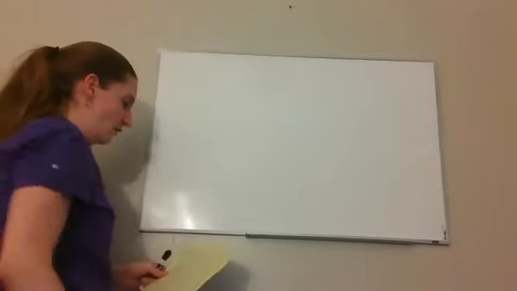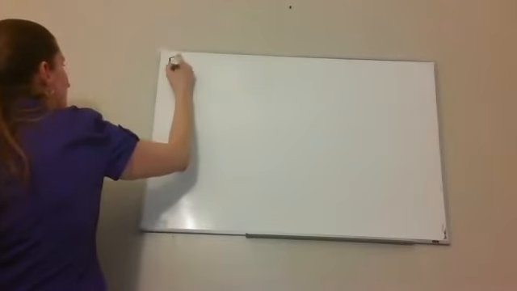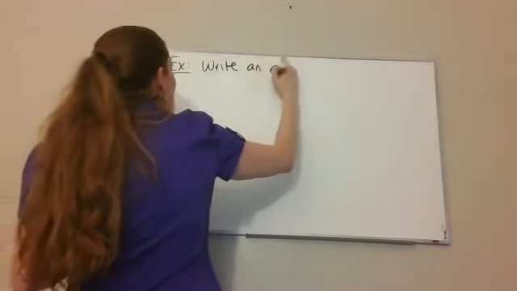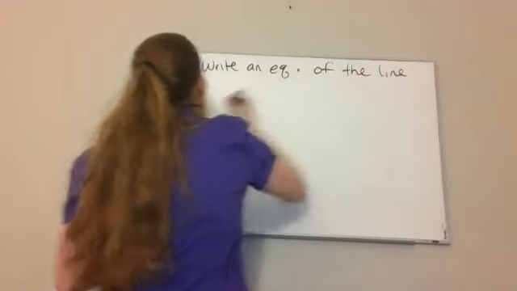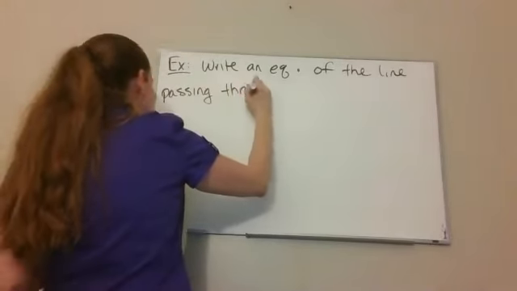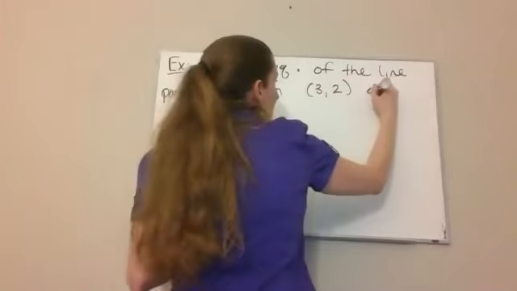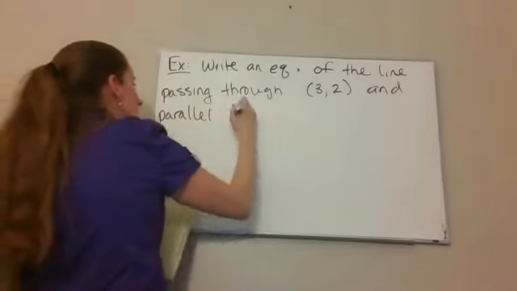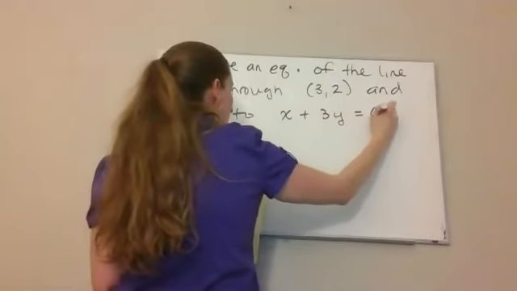So for our example, we are going to write an equation of the line passing through the point (3, 2) and parallel to the line x plus 3y equals 6.